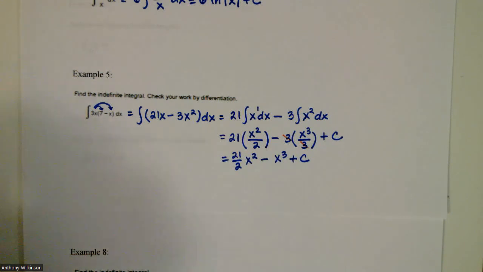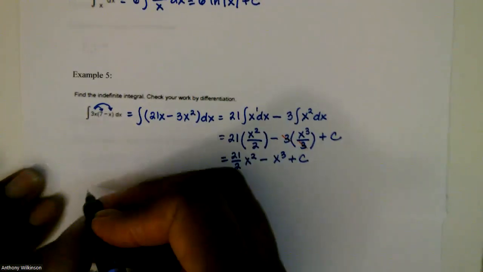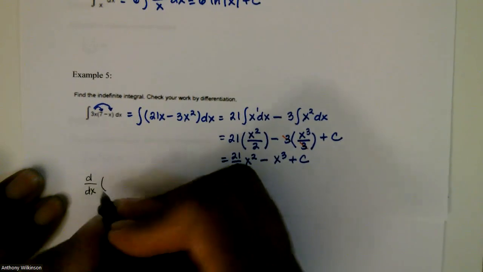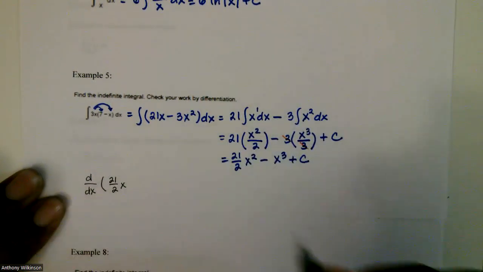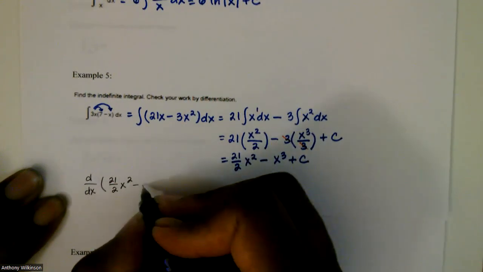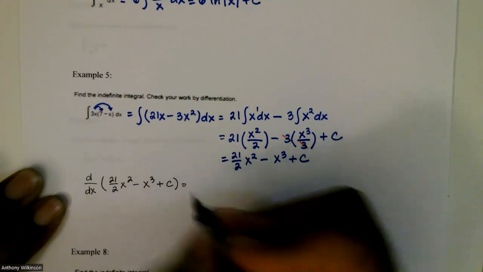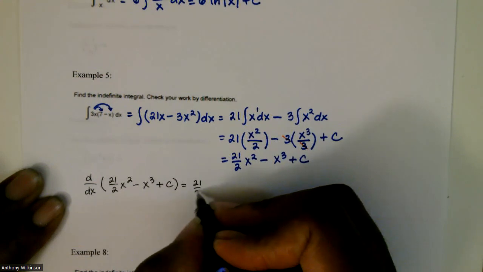And of course, if we want to check, we can always take the derivative of this with respect to x. So we should get this back. Let's see here. If I take the derivative with respect to x of 21 over 2 x squared minus x cubed plus c, I'll have 21 over 2.